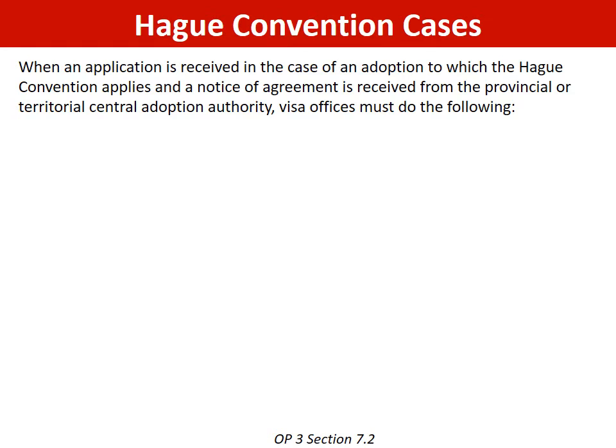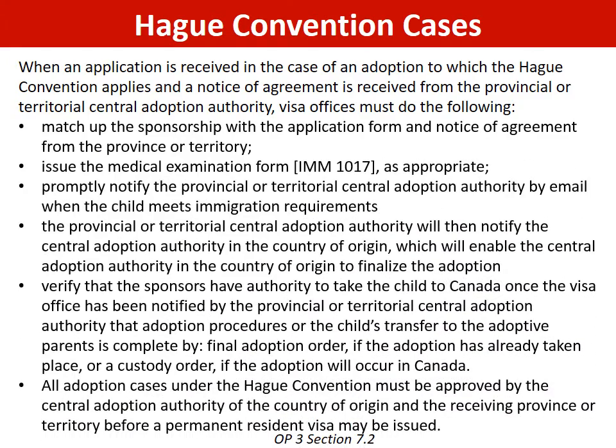So let's take a look at OP3 and the instructions given to officers who receive an application for immigration with regard to adoption. Now, this is everything that we talked about in the previous example when we saw the four people. We saw the sponsor, the provincial adoption authority, his or her counterpart in the other country, and the IRCC officer.